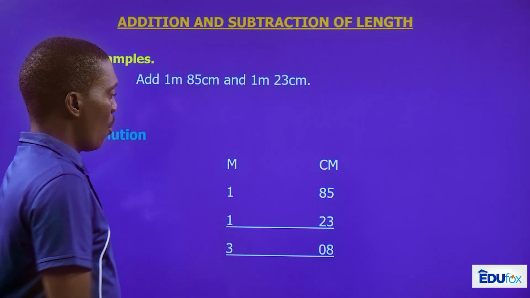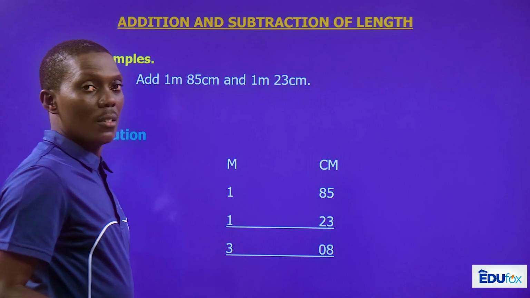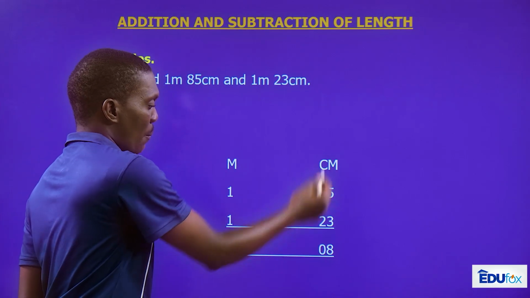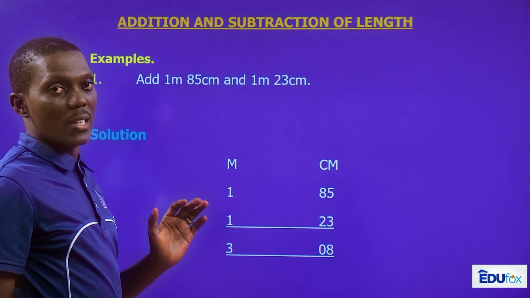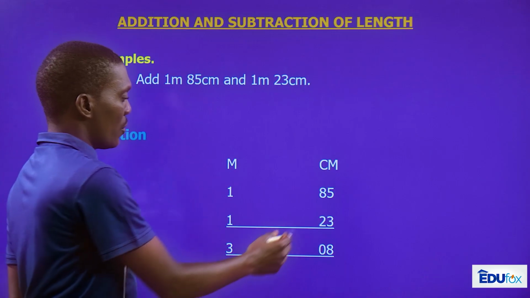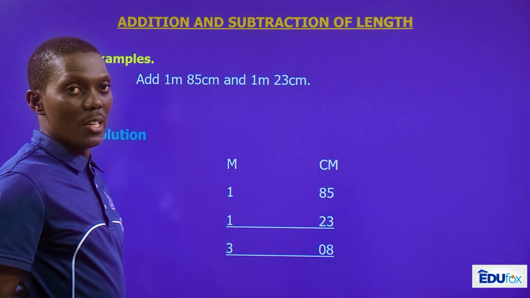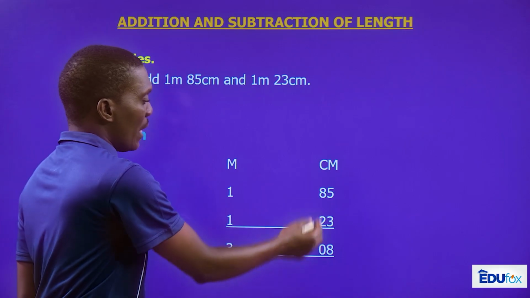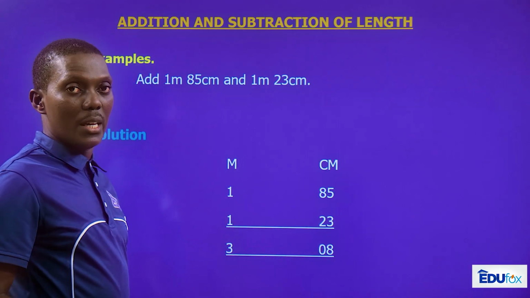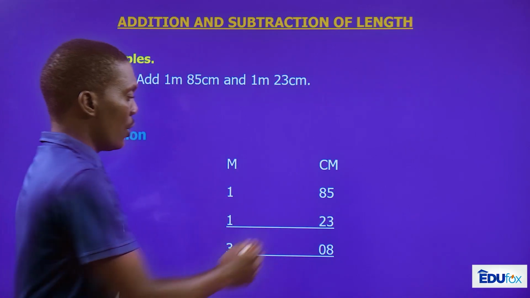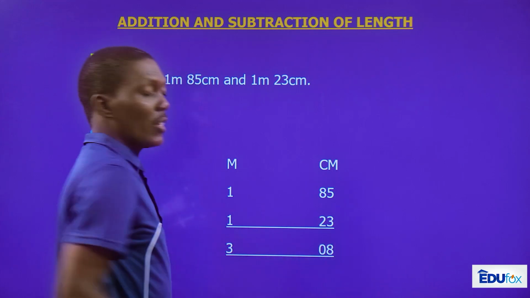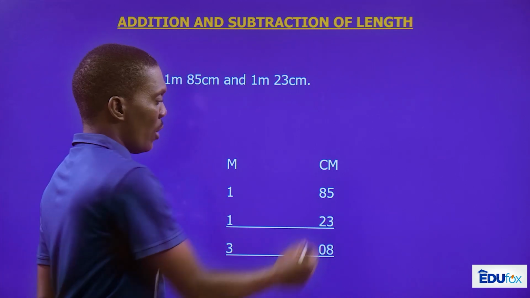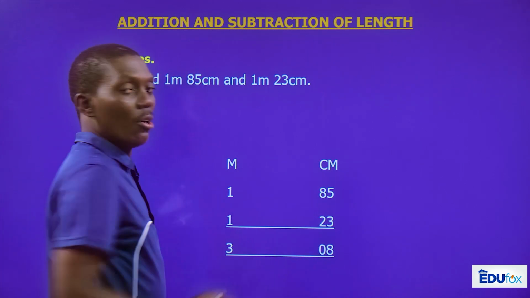Remember again, when you are adding length, your answer on this centimeter part must be less than 100, because 100 centimeter is the same thing as 1 meter. So when we added this, we had 108. All we need to do is to remove 100 centimeter until we have the answer less than 100.